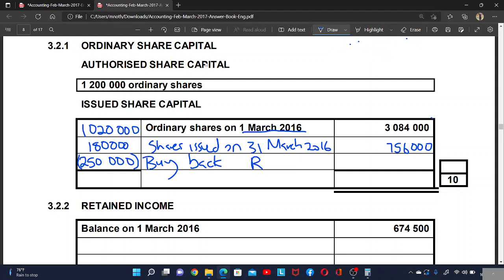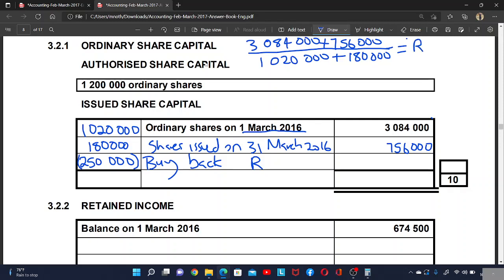To get the average price, we must take the total of this: 3,084,000 plus 756,000, over 1,020,000 plus 180,000. So when you divide them, they give you an average share price of Rand 20.